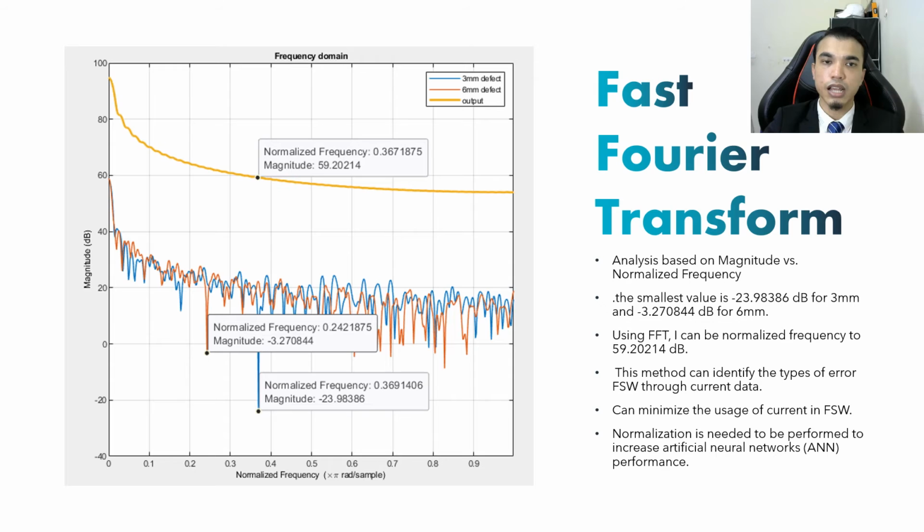This method can identify the type of error in FSW through current data. It can also minimize the usage of current in FSW. Normalization is needed to improve artificial neural network or ANN performance. And lastly, this study can be evaluated as a first step to determine and classify welding problems.